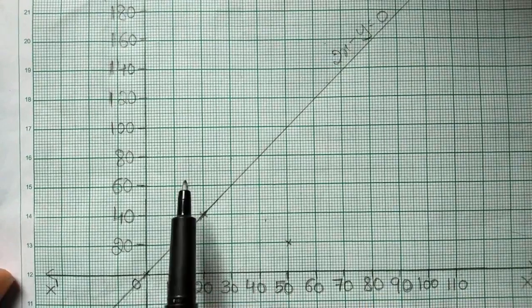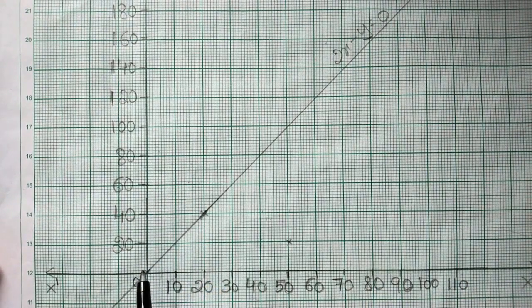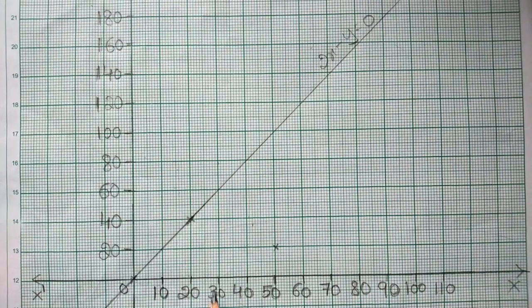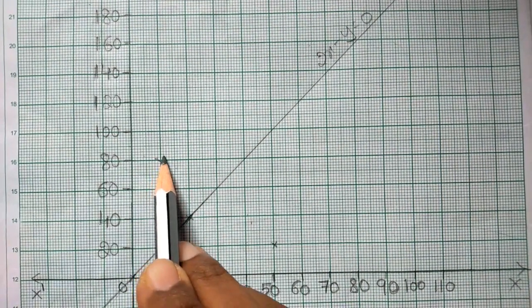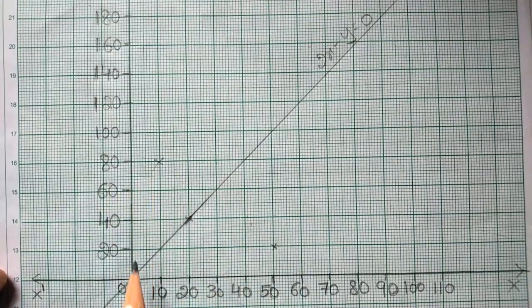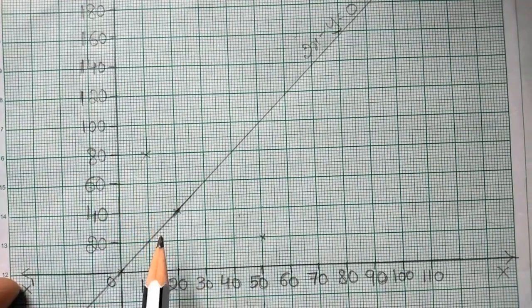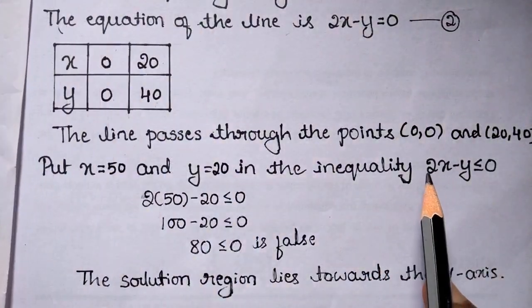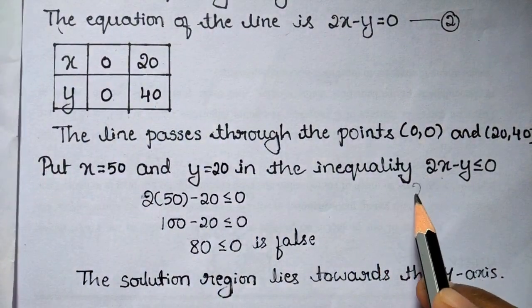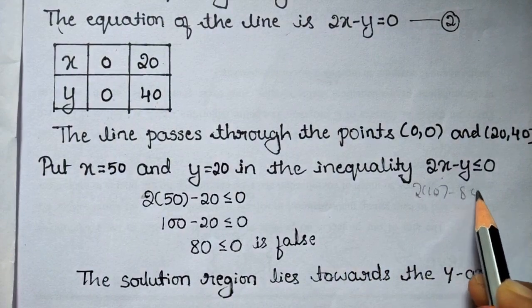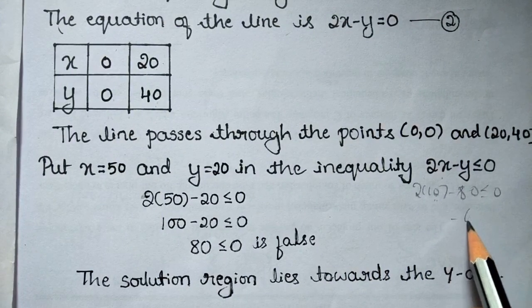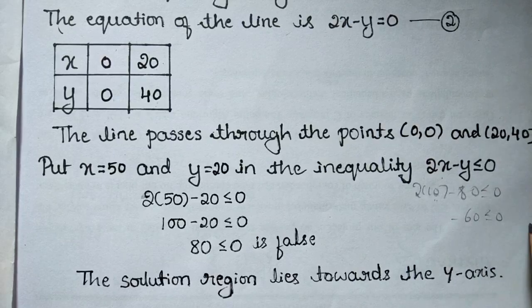You can also choose any point in this region. Suppose I take the point (10, 80), then you can verify by substituting this point in the inequality. When x is 10, y is 80 gives us 2 into 10 minus 80. 20 minus 80 is minus 60, less than or equal to 0 is true.